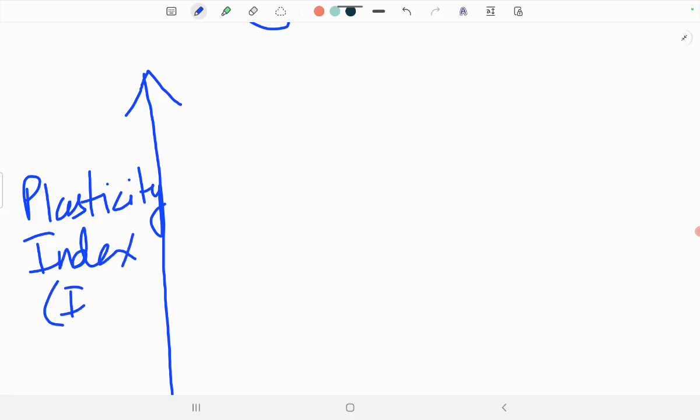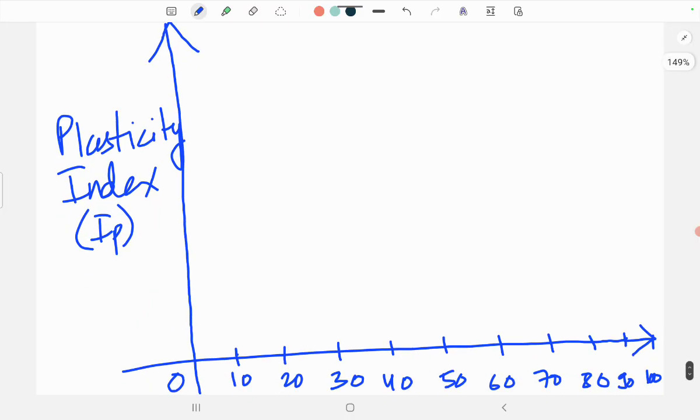Plasticity index IP also goes from 0 to 60: 10, 20, 30, 40, 50, and 60.